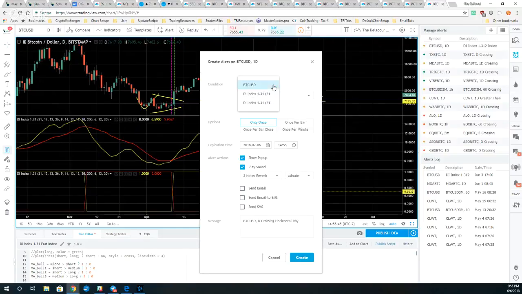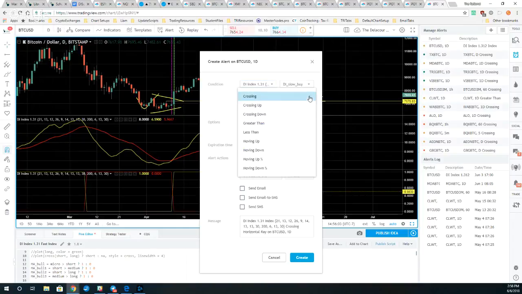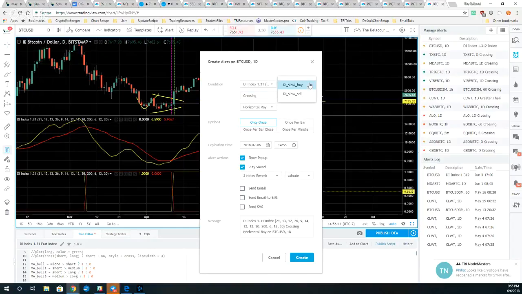And then 3.1 and 3.2. 3.1 here, that's referring to the top index, and then the bottom one is 3.1. So I might even say that. You see where it says DI slow by. Now, in this particular case, it's crossing, but you can see cross up, cross down, greater than, less than, moving up, percentage it's moving up, right? So you can set a whole bunch of different alerts.